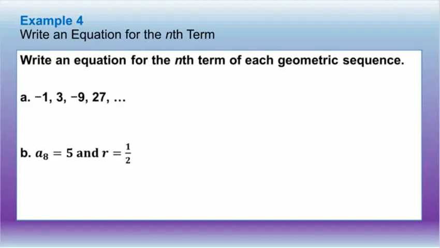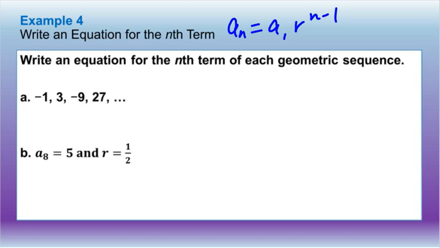Example 4, we're going to write an equation for the nth term of the sequence. So write an equation for the nth term of each geometric sequence here. So a couple things we need to find. We want our answer to be a subscript n equals a subscript 1 times r raised to the n minus 1 power. So I need to find our first term.